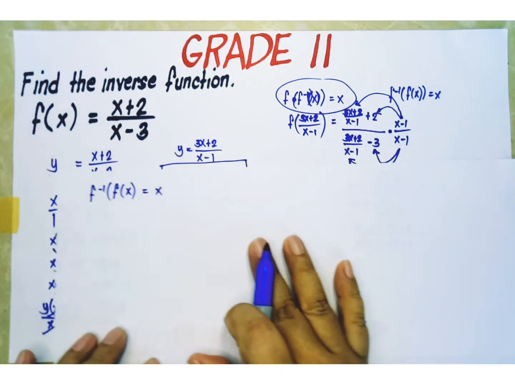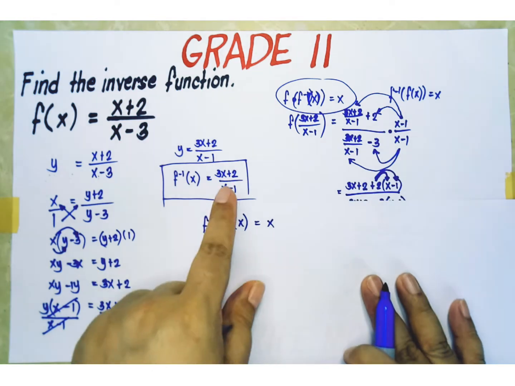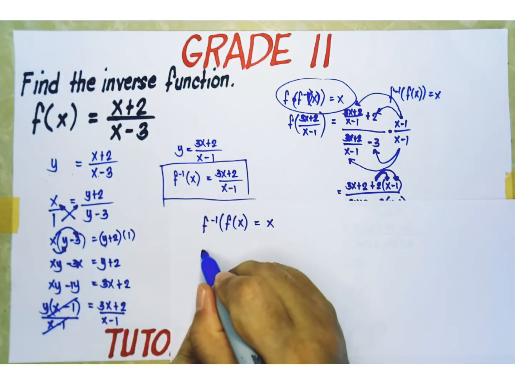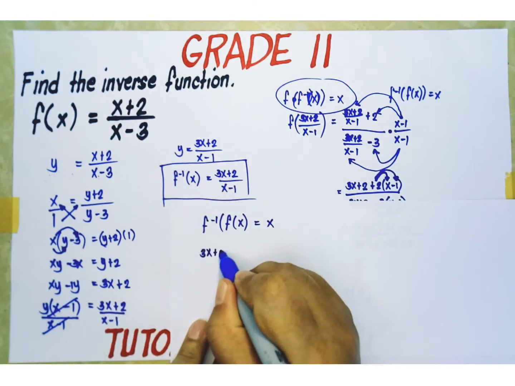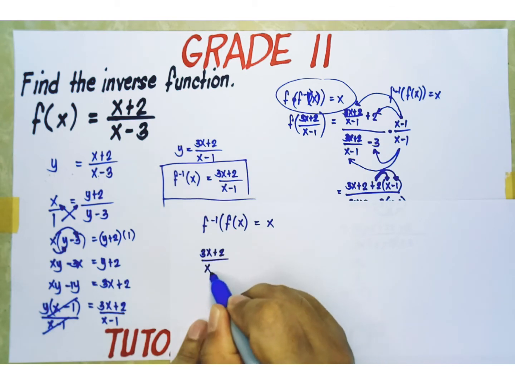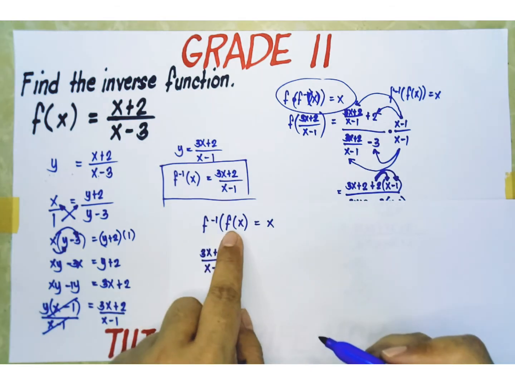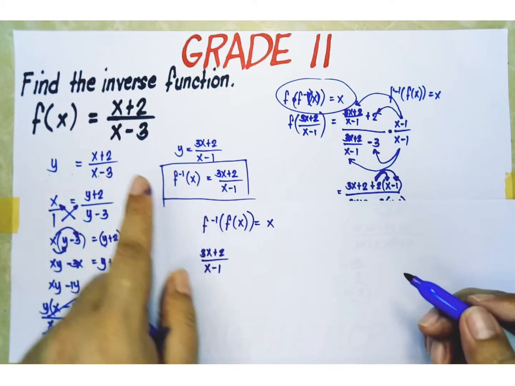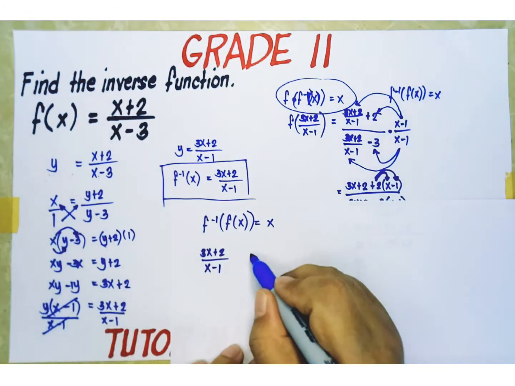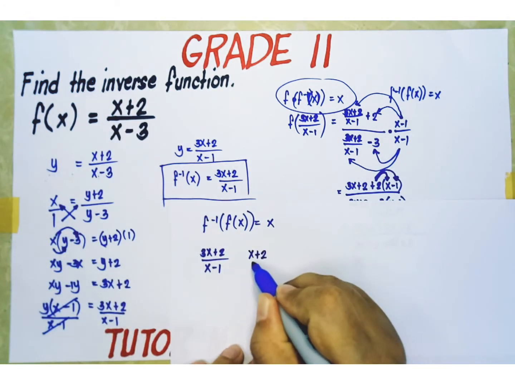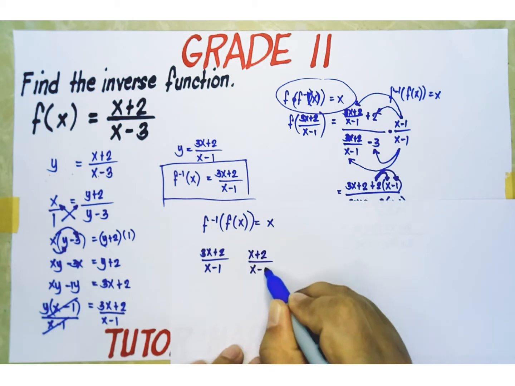Our inverse function is 3x plus 2 over x minus 1. And our actual function, the given function, is x plus 2 over x minus 3.